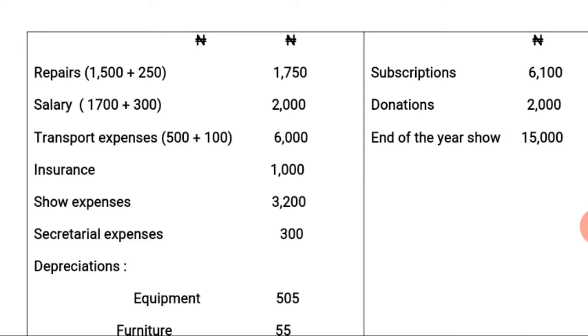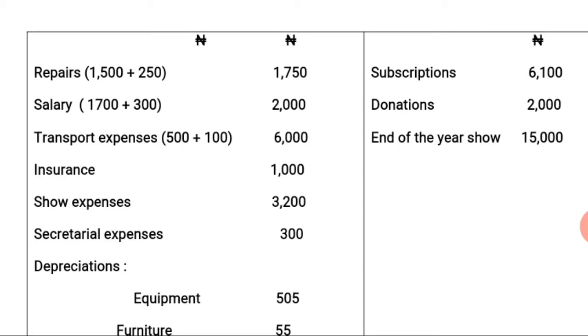And since, let me quickly explain this. Income and expenditure account is a nominal account. It cannot take into note capital receipts and capital expenditure. Due to that, we are not going to bring in purchase of equipment, sports equipment, and that of furniture.